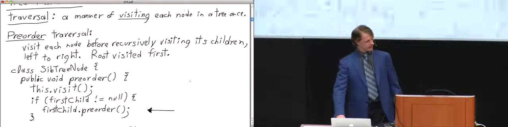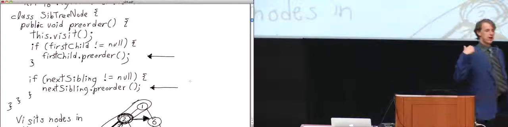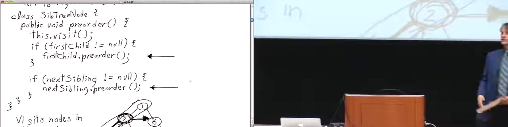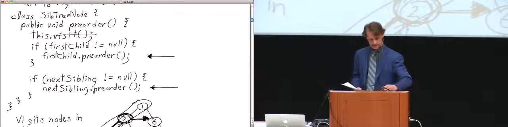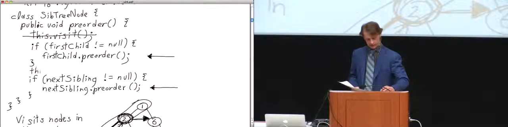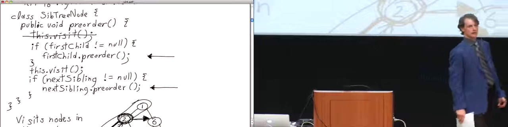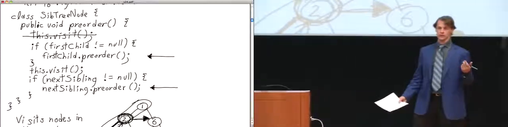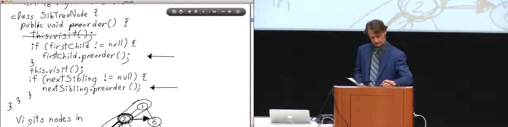And so if you come back to this pre-order code I wrote before, to change that into post-order code, there's essentially one change you have to make, which is you take this dot visit and you move it down here. There's one other change you usually make too, which is you rename it from pre-order to post-order, because now it's doing post-order.